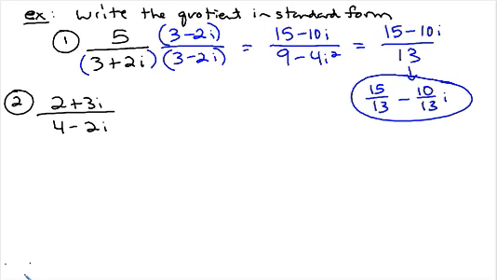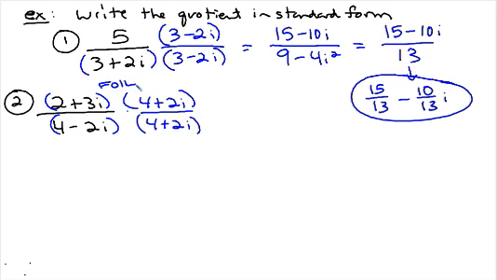We're still going to multiply by the conjugate of the denominator, 4 plus 2i over 4 plus 2i, but notice on the top you have to do FOIL. And we did that in our last couple days working with imaginary numbers. The bottom is just going to be 16 minus 4i squared, but the top we have to do FOIL.